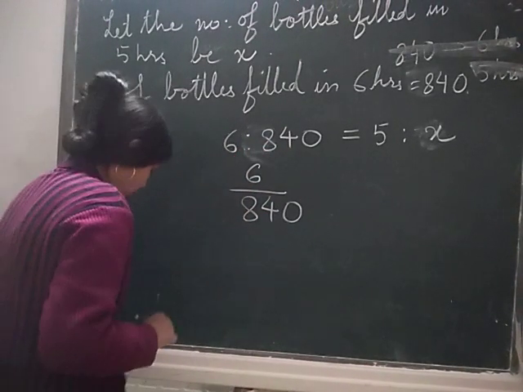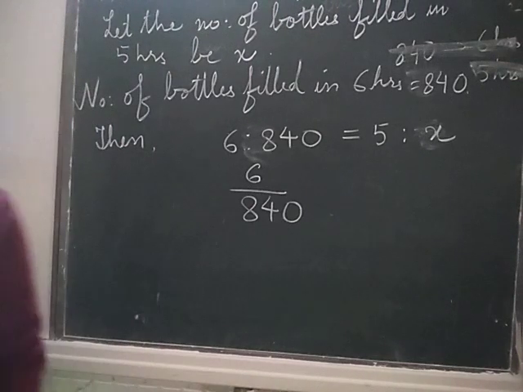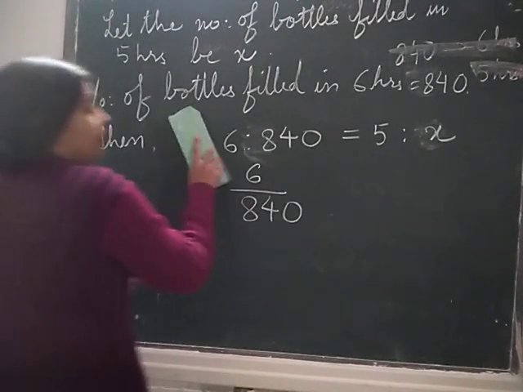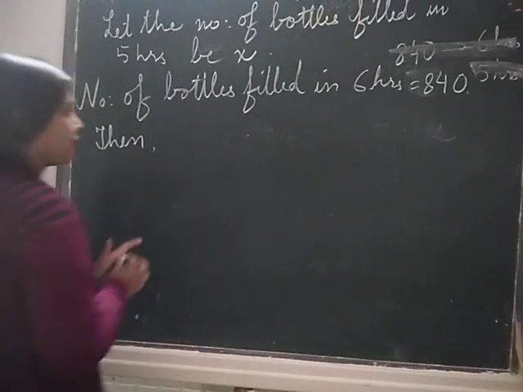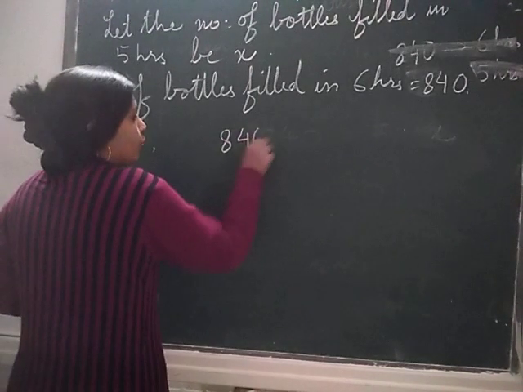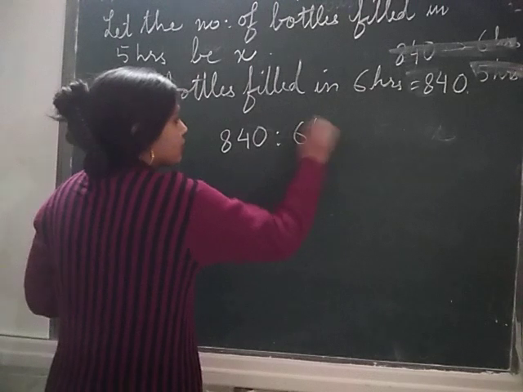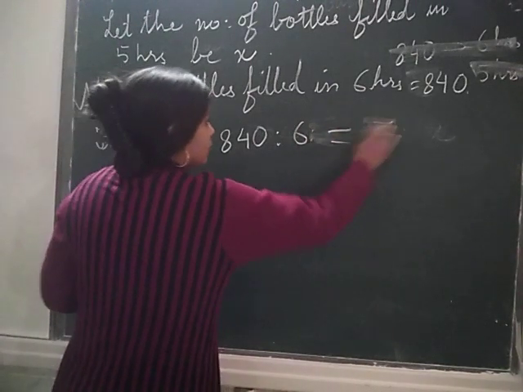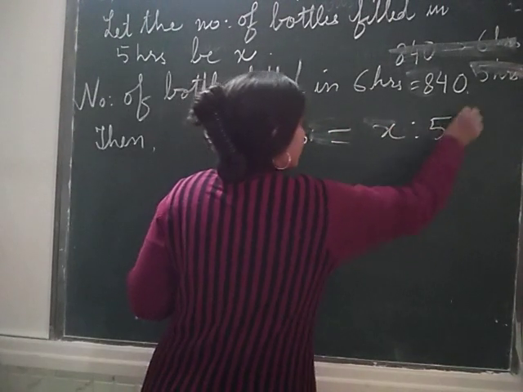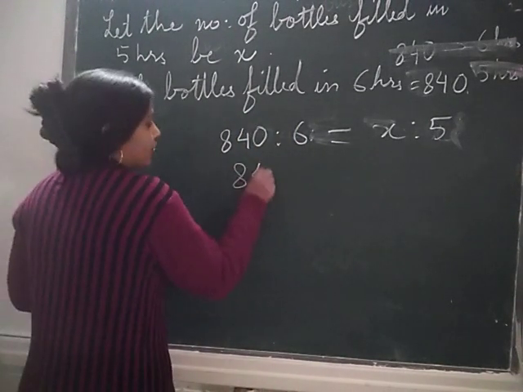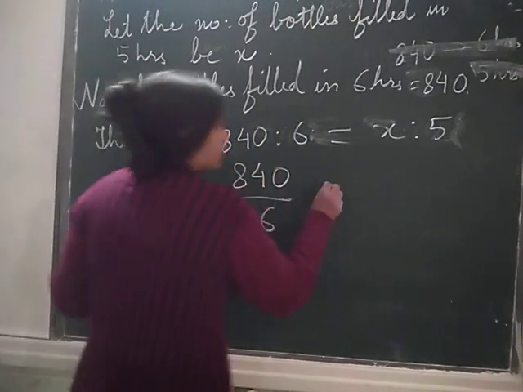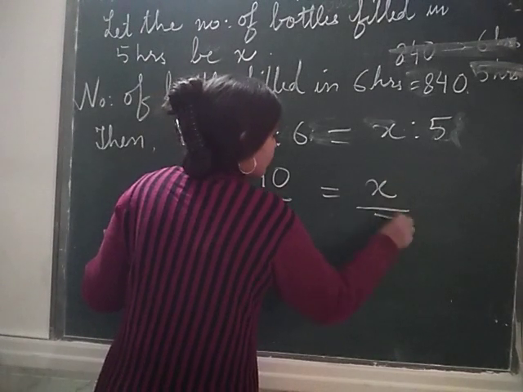So if you want you can write like this also, there is no problem, both ways answer will come the same. I can show you both ways if you want. 840 bottles in 6 hours, so x bottles in 5 hours. So 840 upon 6 is equal to x upon 5.